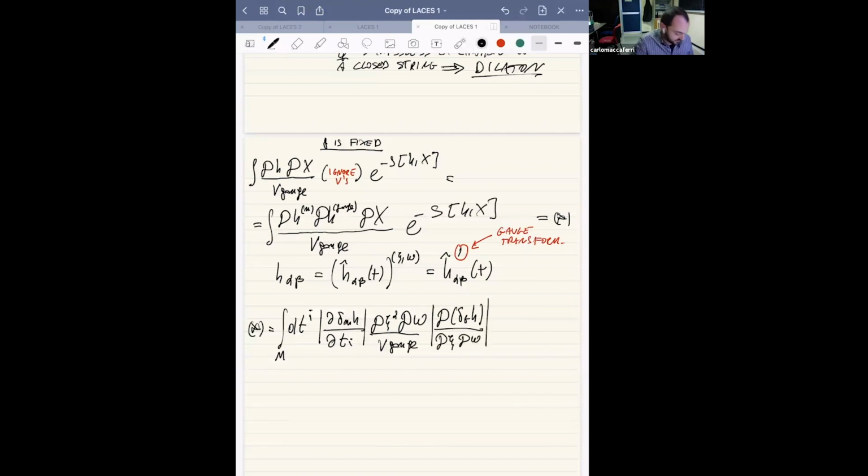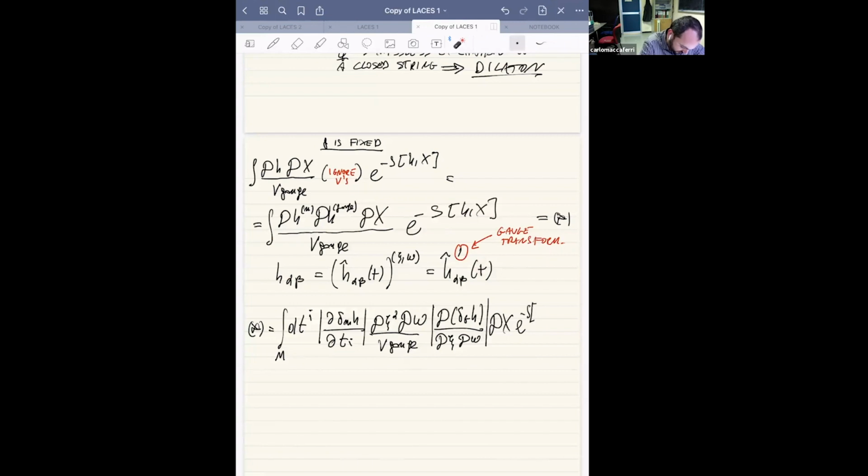Okay, so these are my determinants, and then I still have this guy here, the X, and finally I have my action e to the minus S. Just to be careful, because here I'm using the fact that my metric here is explicitly given in this form here.